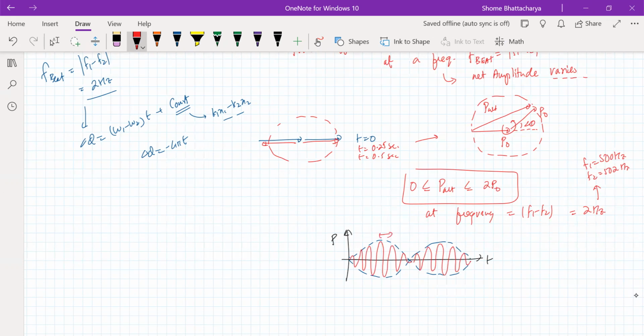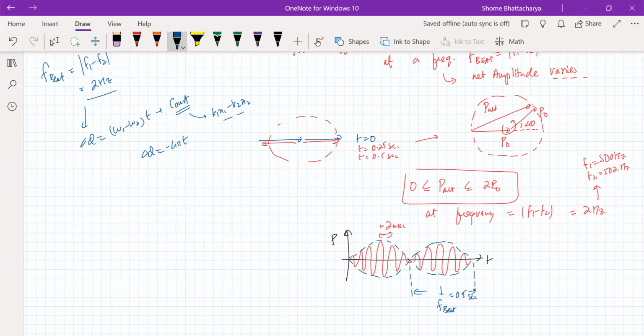This cycle will be approximately 2 milliseconds, but this cycle will be like half a second.